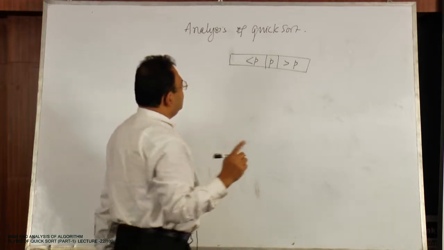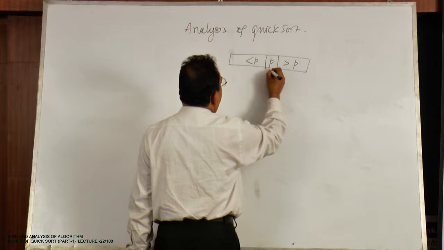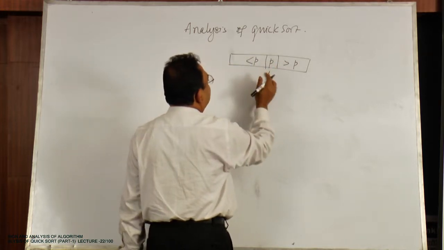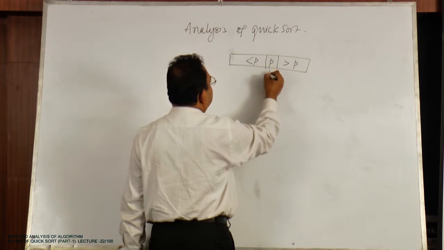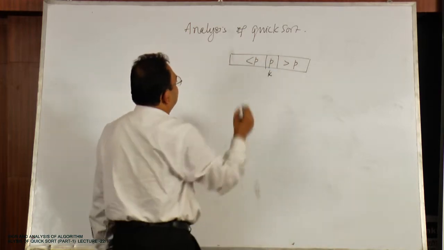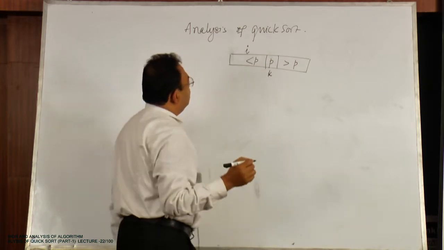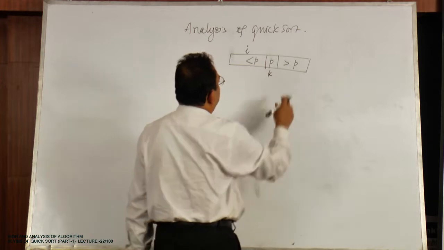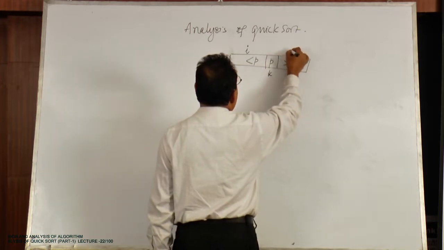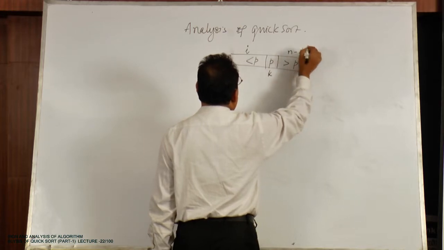Let the position of the pivot be k, such that it divides the array into two parts, where the first part contains i elements. So, definitely the number of elements in the second part is n minus i minus 1.